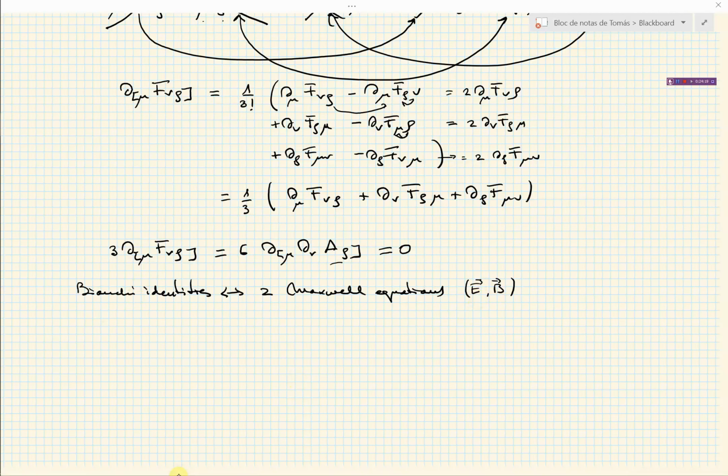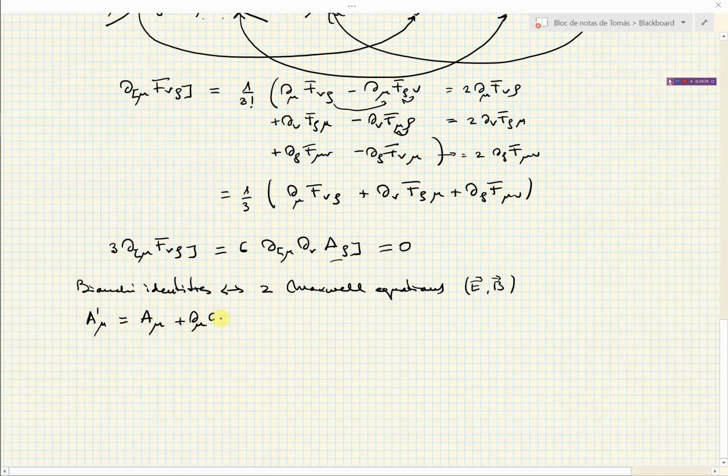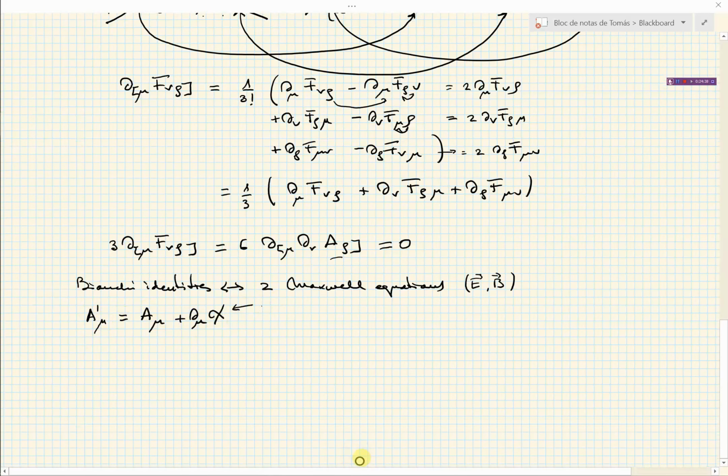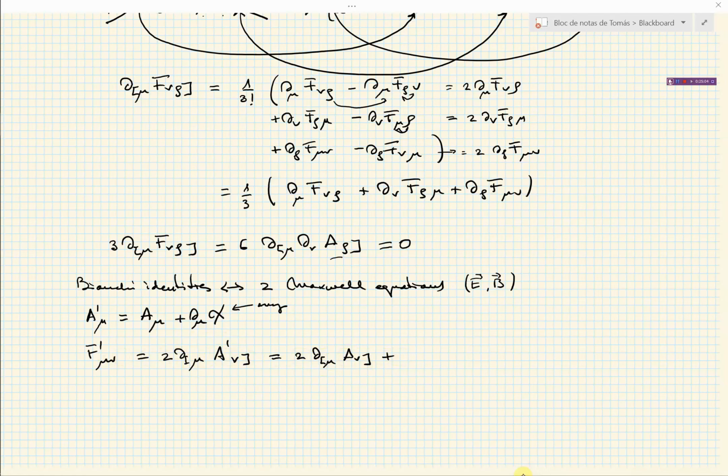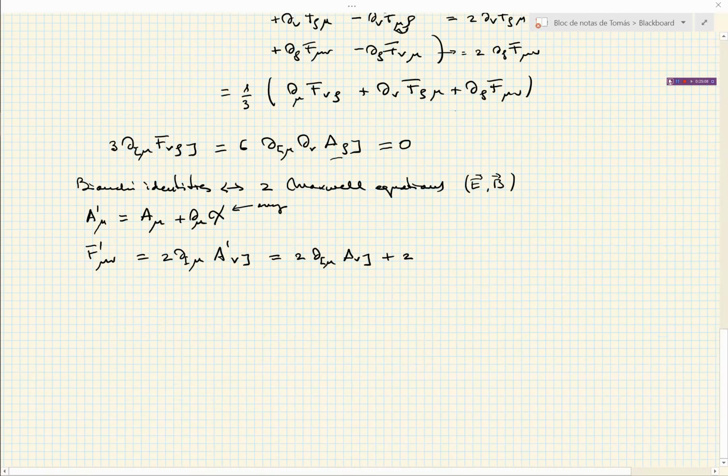Then we see that if we change A_mu to A'_mu, which is obtained from A_mu by adding the partial derivative with respect to mu of some arbitrary function chi, then if you compute F'_mu nu, which is 2 times partial_mu of A'_nu antisymmetrized, this is 2 times partial_mu A_nu plus 2 times partial_mu partial_nu chi antisymmetrized.